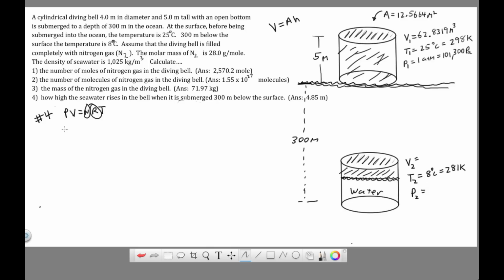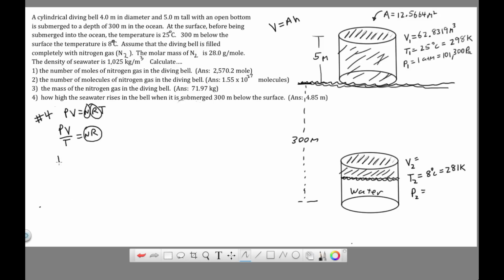All right, so what we do is everything circled goes to one side, everything not circled goes to the other. So we get PV over T equal to NR. So if NR is constant and it's equal to PV over T, that means that PV over T must also be constant.